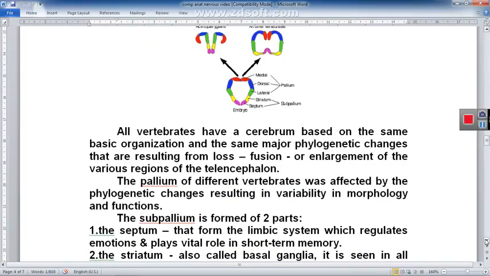And what's going on is that during evolution, the cerebral hemisphere must be modified according to the behavioral complication of function and according to the complicated need for motor activity. So some of these will disappear, the others will be enlarged, the others will be fused, resulting in a much more developed telencephalon and cerebrum.